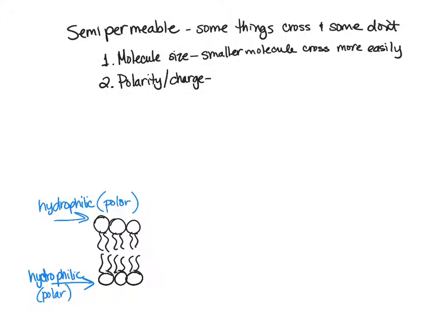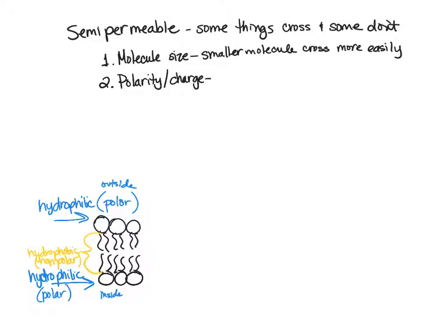So this is our polar side at the bottom here, the inside of the cell, and then our polar side on the outside of the cell. And then remember that this central area here is hydrophobic, which means that it is nonpolar.